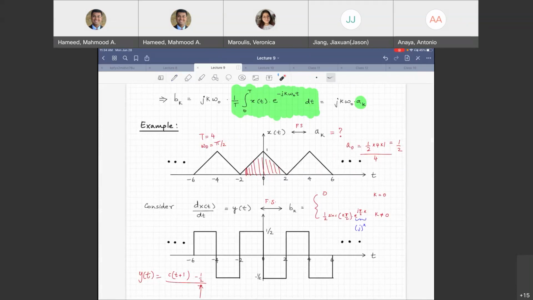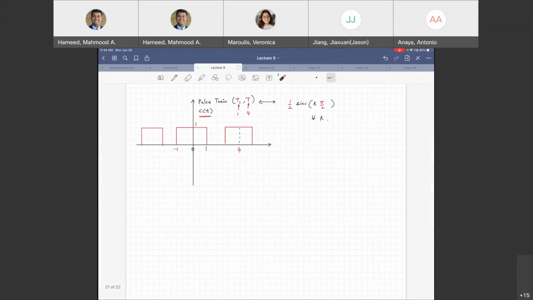Can we write bk in terms of ak? Let us write it over here. bk, can I say that it simply equals j k omega naught ak? We differentiated in time domain, so our Fourier series coefficients get multiplied by j k omega naught. That's the differentiation property, right?